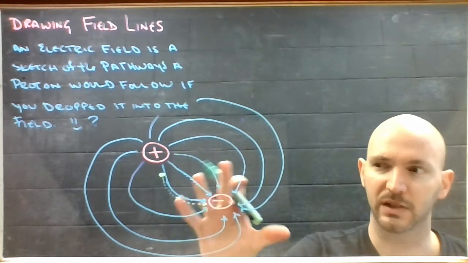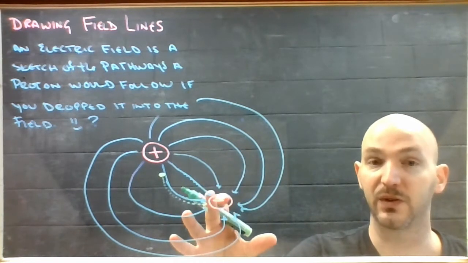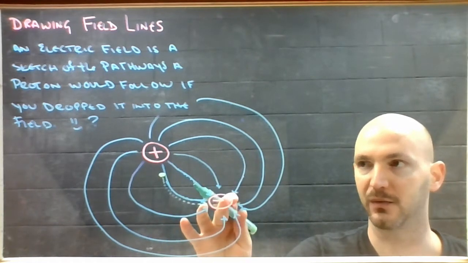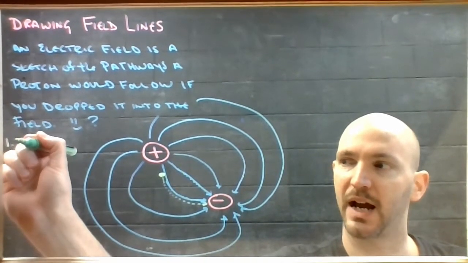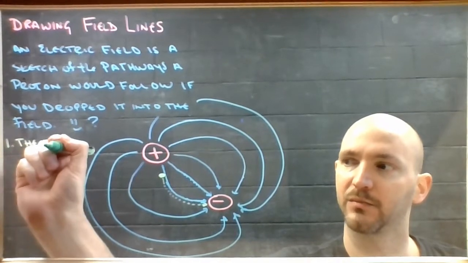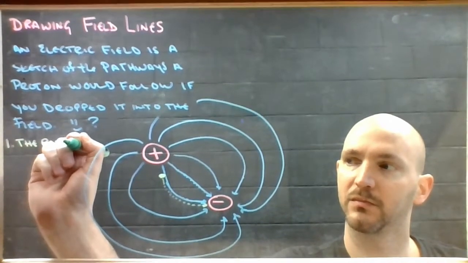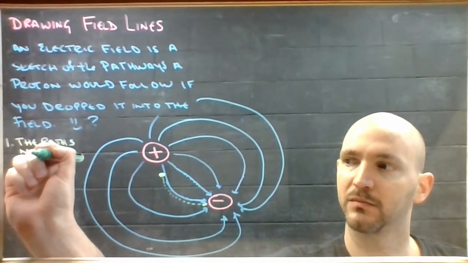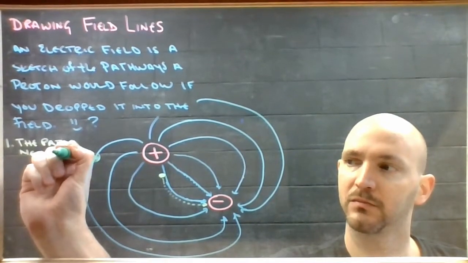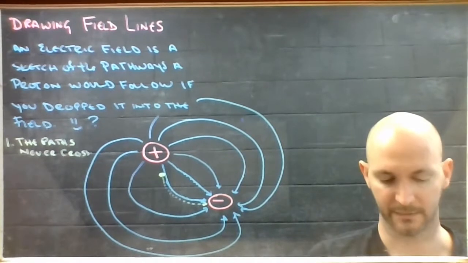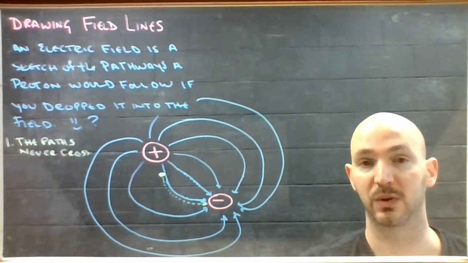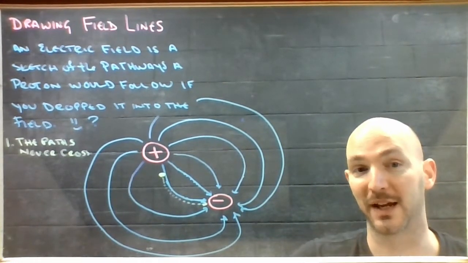So if you look at the diagram I've got, there's a few things that I need you to note about fields. So number one is, do you notice that the paths never cross? Now, the reason for that is very simple. It's that protons don't get to make choices.